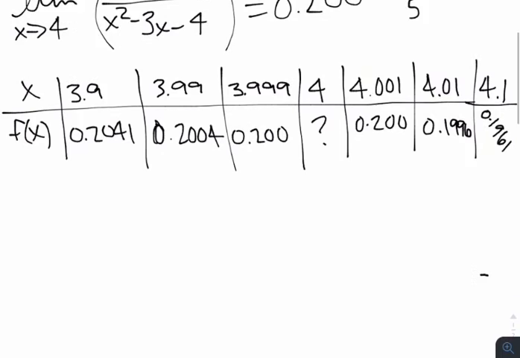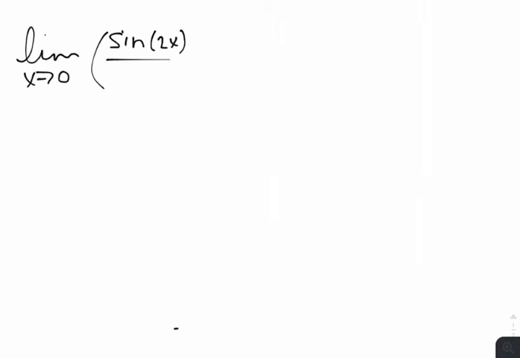So, we have a very special one. This one is the limit, let's scroll up a little bit more, as x approaches 0 of sine of 2x over x. So what is that?